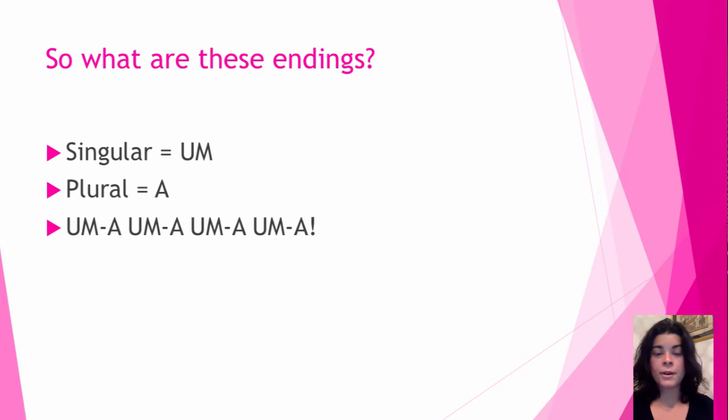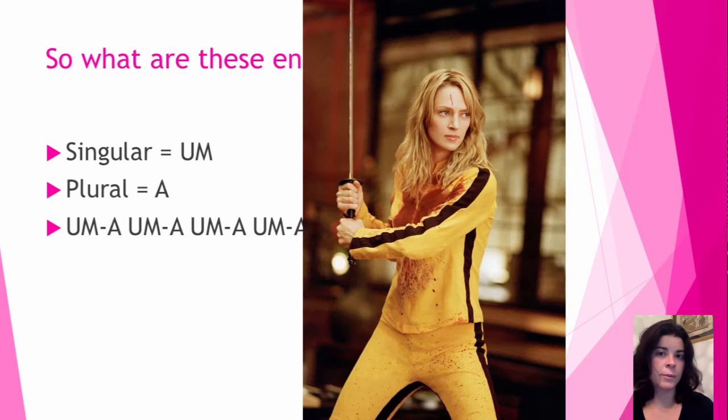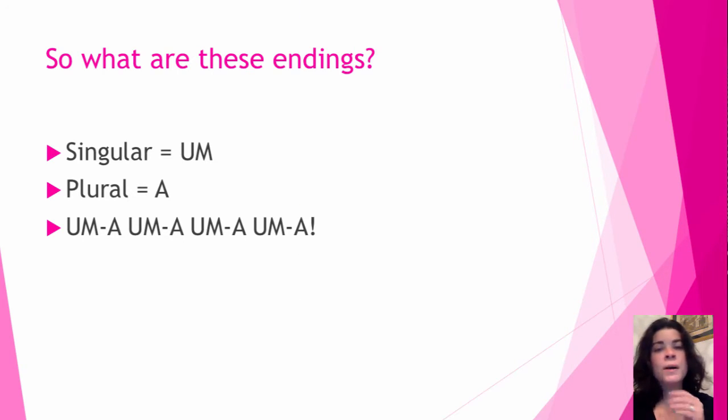But also, if you like Uma Thurman from Kill Bill, or of course the Fall Out Boy song, if you like to dance like Uma Thurman. There you go. So use Uma to remember that the nominative, accusative, and vocative endings will be -um and then -a.